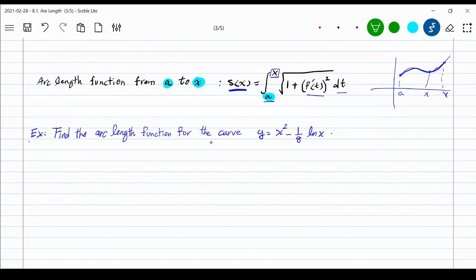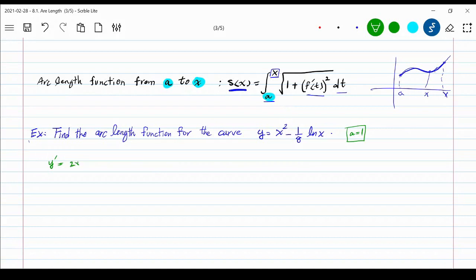Here's an example for you just to see. Find the arc length function for the curve. So the result is a function. It's not a constant. It would be a variable depending on x. For the curve, let's say starting from x equal to 1, so a equals 1. What we always need is the derivative, so I'll figure out y prime.